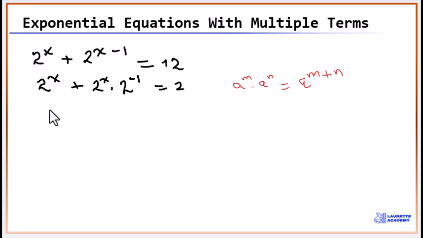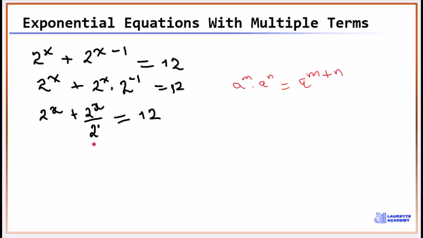Again, we write this as 2 to the power x plus 2 to the power x divided by 2 to the power 1, which is the same as 2, is equal to 12.